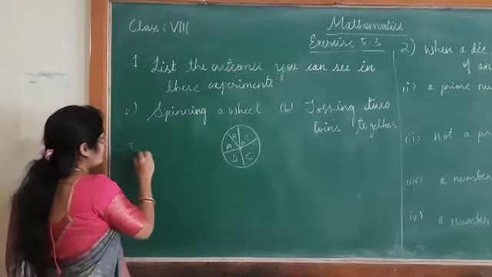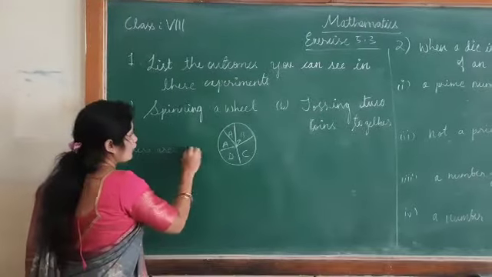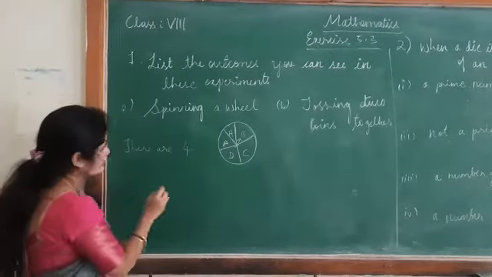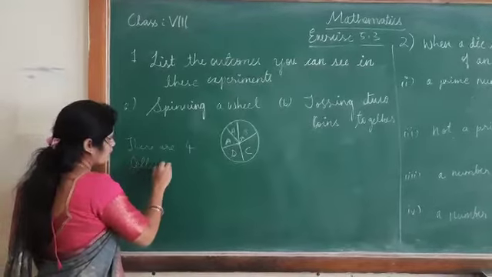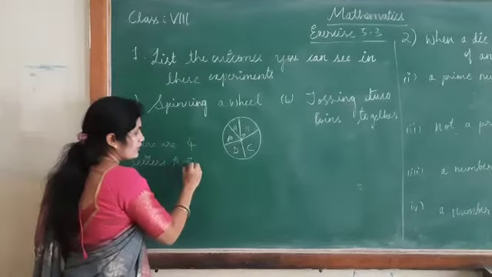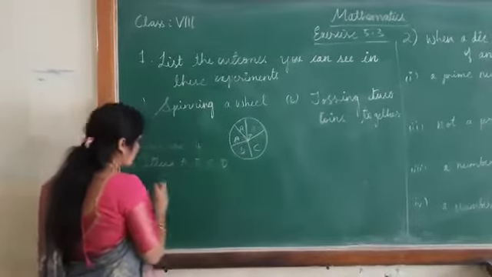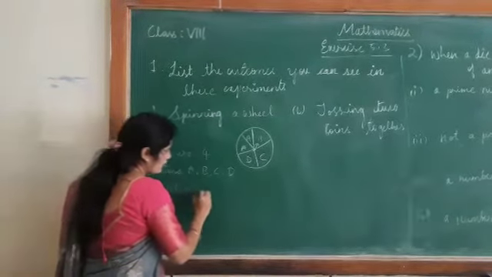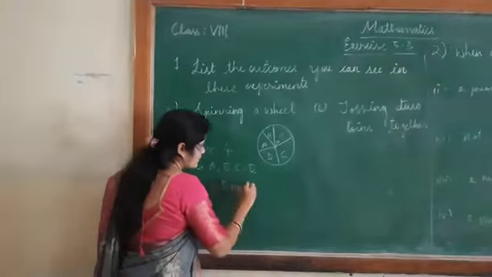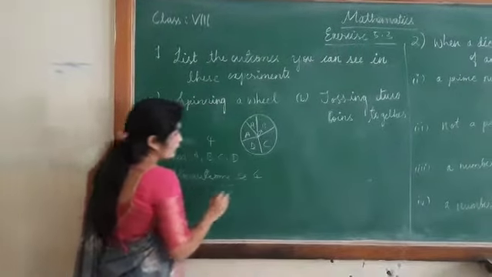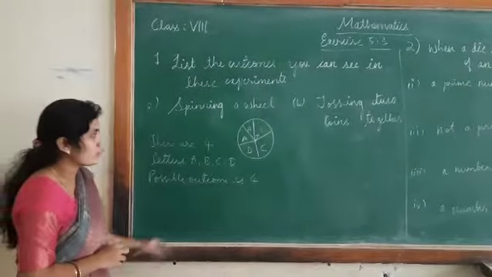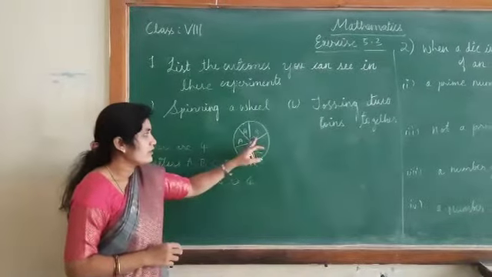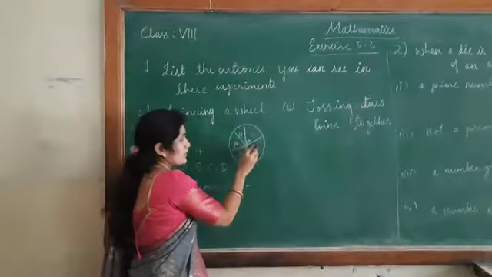So there are 4 letters: A, B, C, D. The possible outcome is 4, because wherever this pointer stops, the outcome is 1.